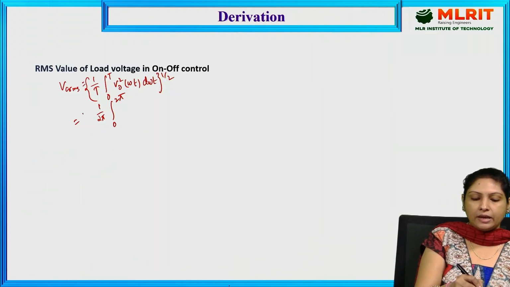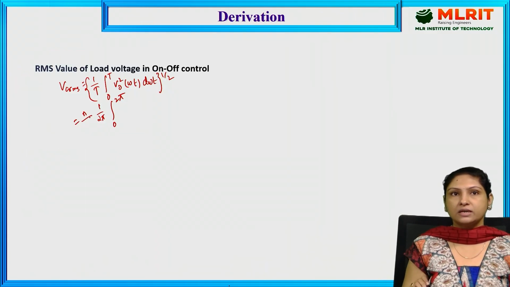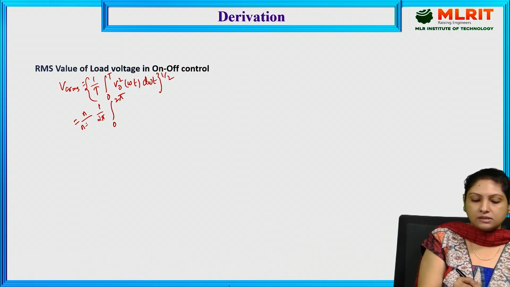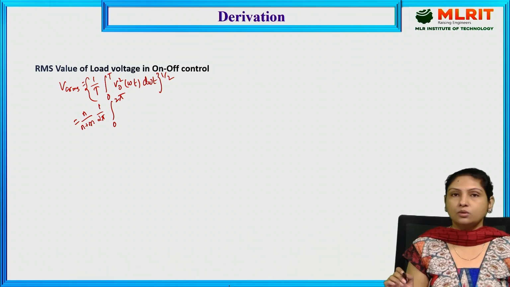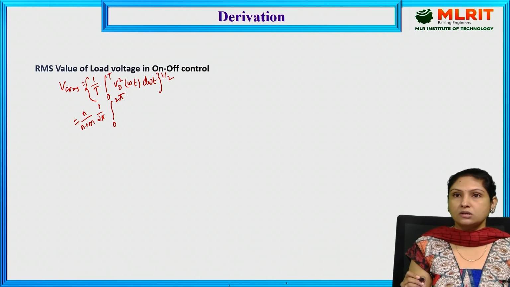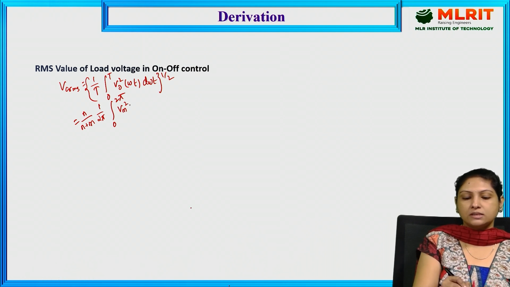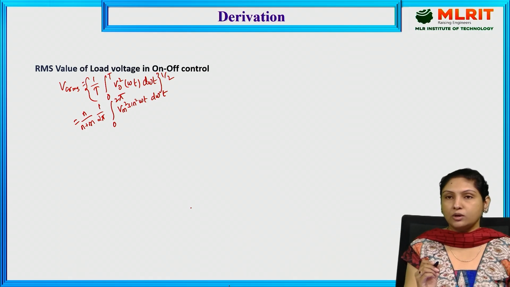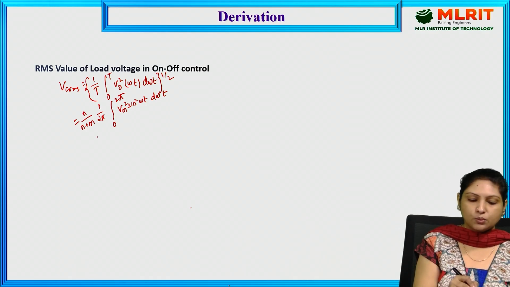So the total time period is n plus m, and we multiply by n by n plus m, where V0 is equal to Vm sine omega T, since the waveform is sinusoidal in nature. In order to integrate this term, let us bring Vm square outside. We get Vm square by 2 pi into n by n plus m.